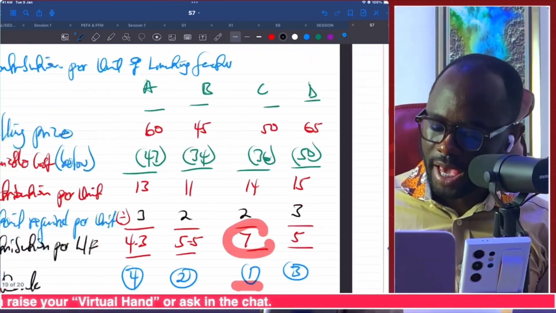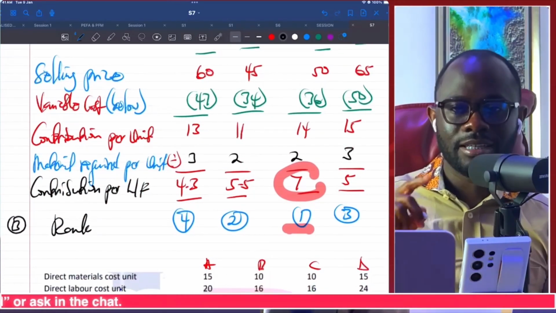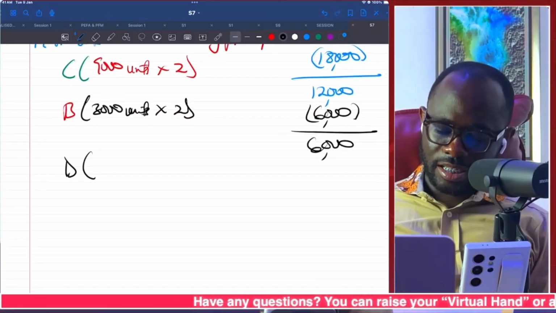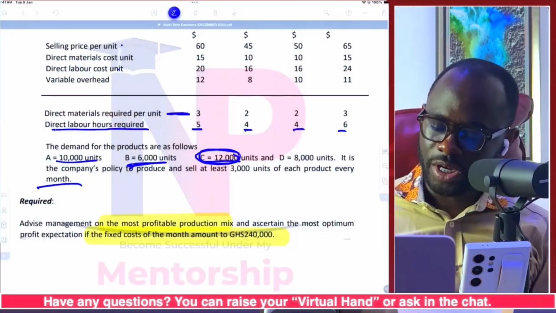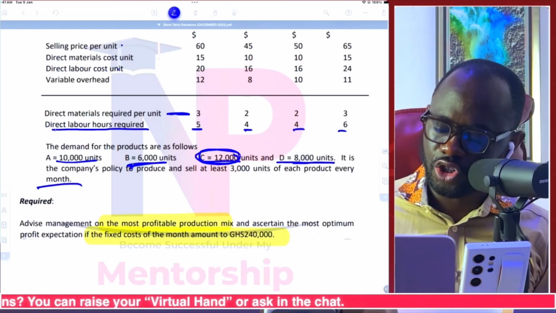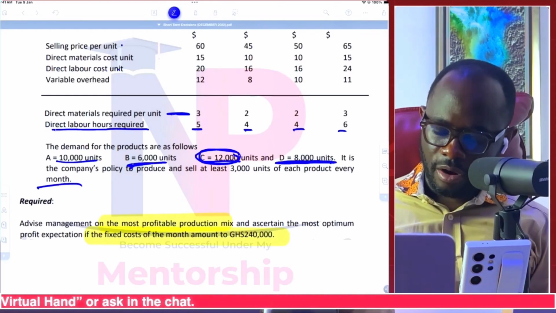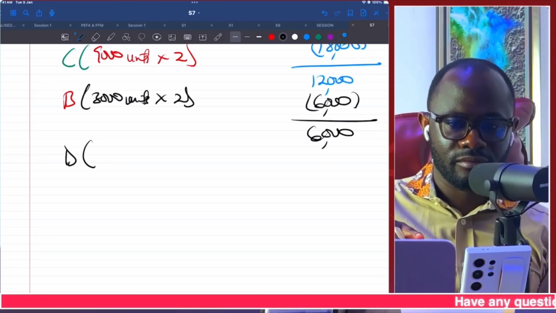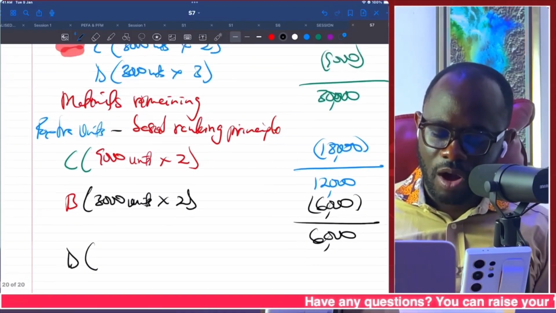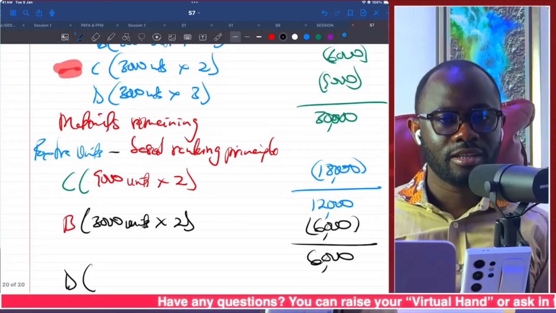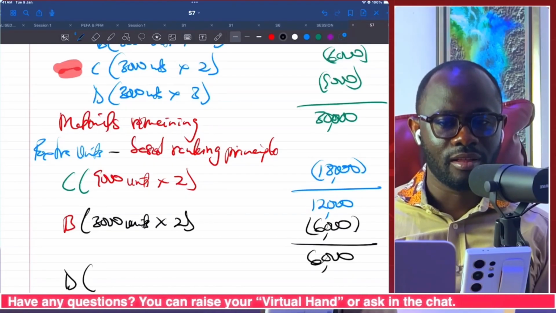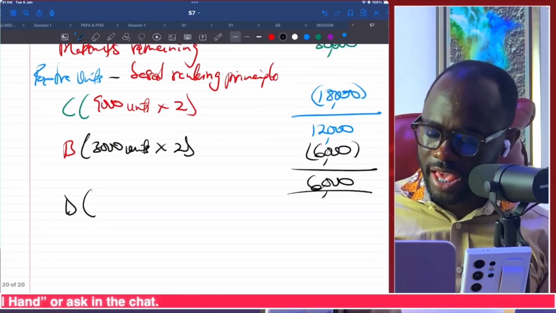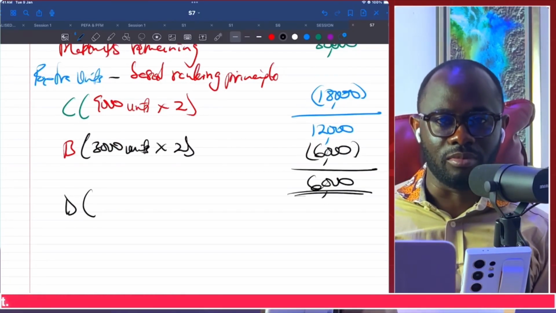Okay. Per the ranking, product D is next. What is the demand on D? We need to produce 8,000 units of D. Remember, we've produced 3,000 already, so remaining 5,000. Now, product D requires 3 kilograms of the material. 3 by 5 will be 15,000, but all we have here is 6,000 of the material available.